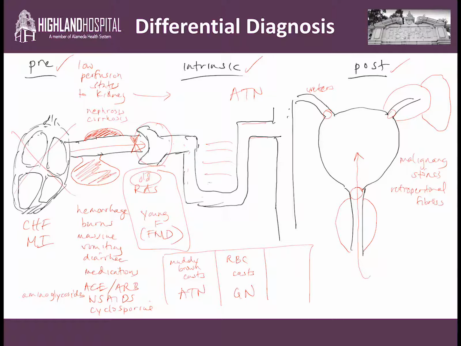Now, here's the interstitium, and if you see WBC casts in the urine, you're going to think acute interstitial nephritis. So that gives us a brief differential diagnosis to consider: pre-renal, intrinsic renal, and post-renal.